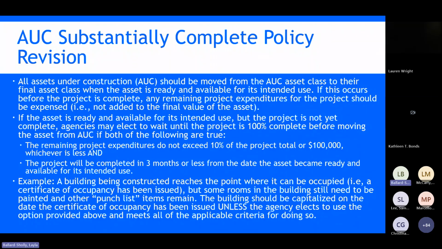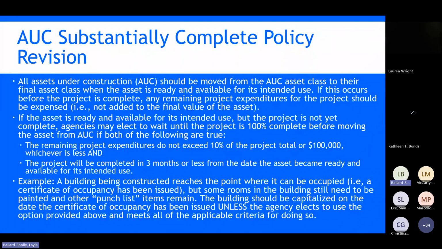But if you elect to use the option above and you're able to, then you can wait to do it after the project's 100% complete. So if the total budget for the building was $2 million, and the total costs remaining after the point at which it could be occupied are at $200,000, then you would not be able to use this option.